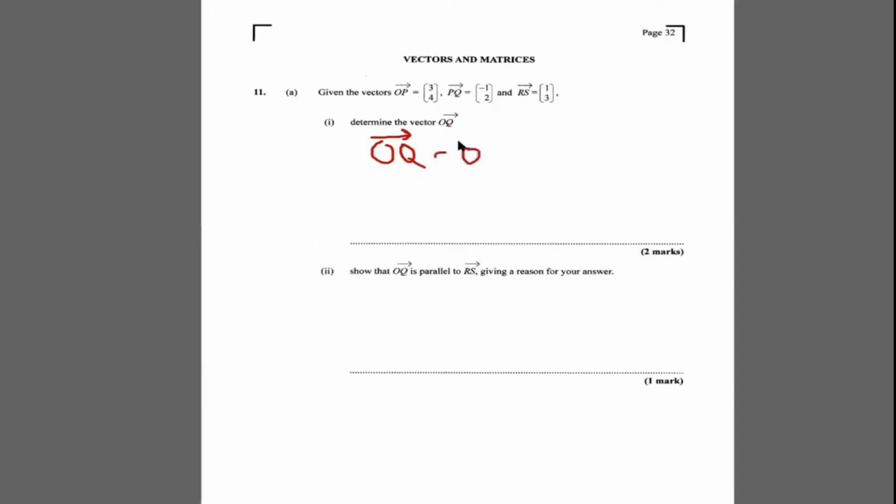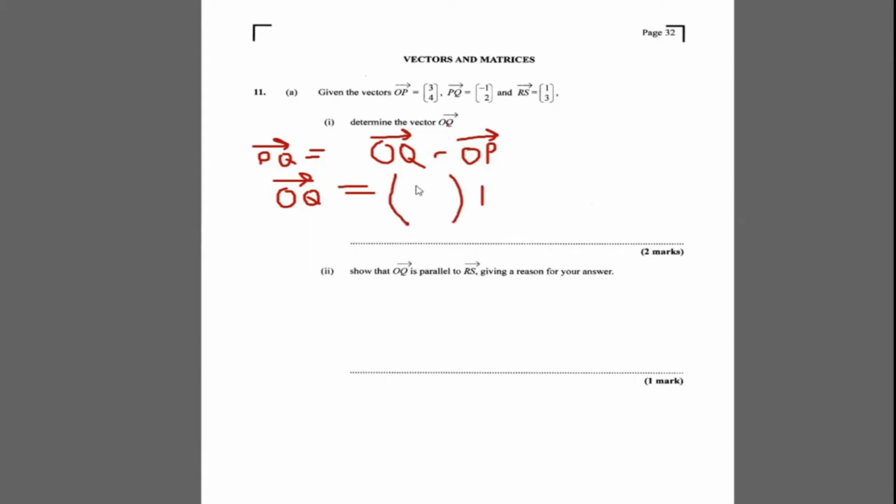That's vector PQ. So if vector PQ is equal to OQ minus OP, then to get vector OQ is going to be PQ plus OP. So vector OQ is equal to PQ plus OP.